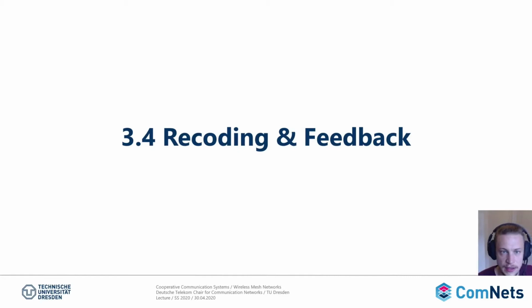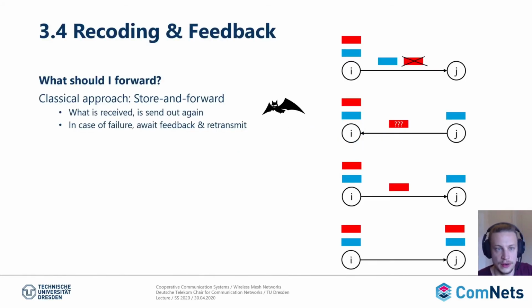So finally, recoding and feedback, or the question, what should I forward? I've talked about the classical approach just now, store and forward. This is also relevant for feedback, because here you see an example where a node has to transmit 2 packets, one red and one blue, and there's a channel that erases one of the packets randomly.